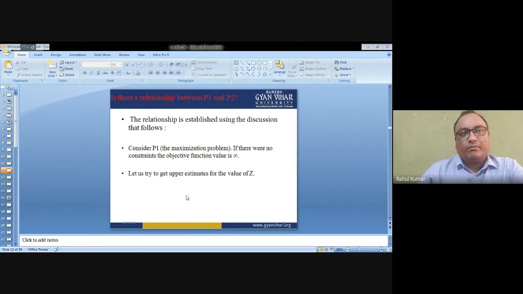Is there a relationship between P1 and P2? The relationship is established using the discussion as follows. Consider P1, the maximization problem.